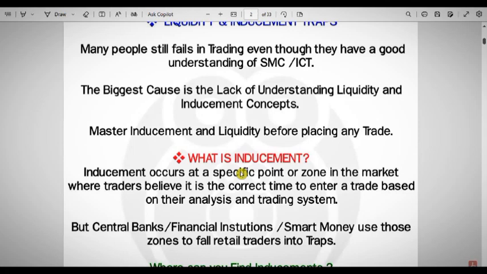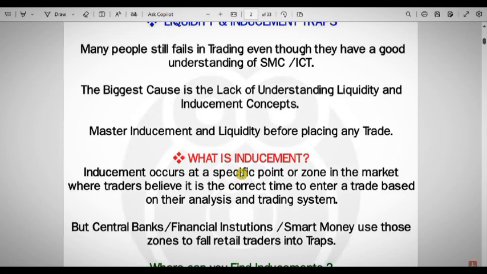Okay. So let's start with what is an inducement. Inducement occurs at a specific point or zone in the market where traders believe it is the correct time to enter a trade based on their analysis and trading system. So we have different strategies, we have different concepts. Remember that in all of those concepts and strategies, there is a concept of liquidity. You can't hide that, the concept of liquidity or inducement, okay?